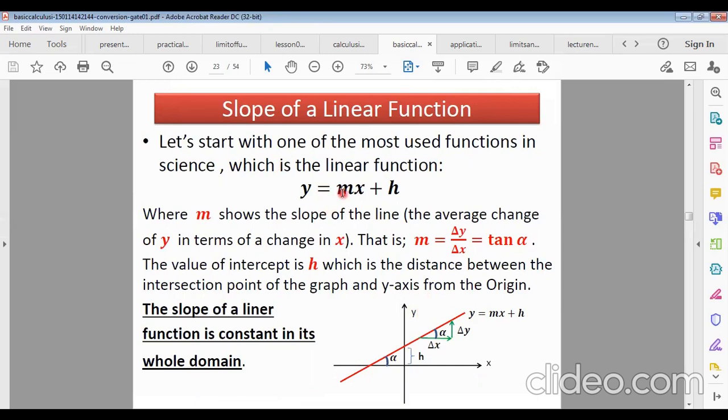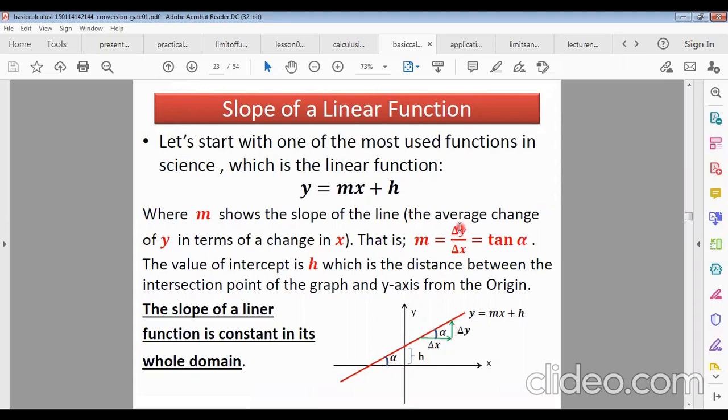So here m is called the slope. M equals what? Actually, the rate of change of y with respect to the rate of change of x. That means if we suppose this is the alpha angle and this is the y-axis length, a very small length del y, and another small length del x. This is the x-axis length, and the y-axis length.